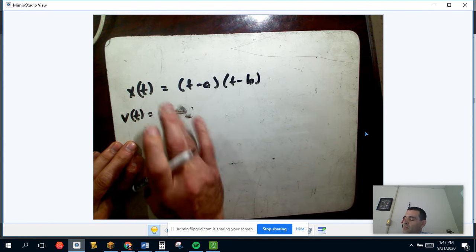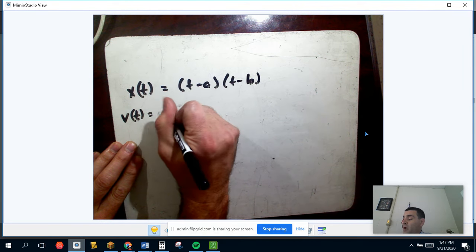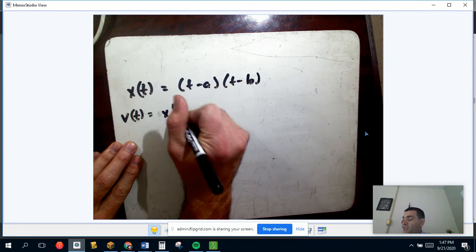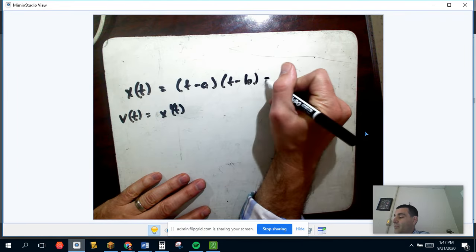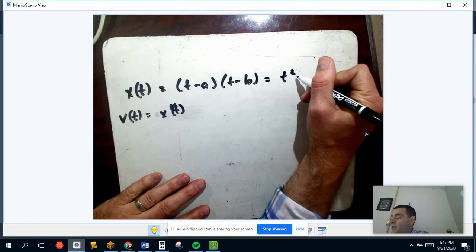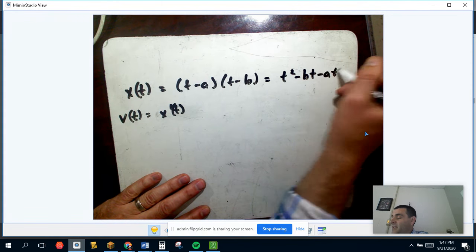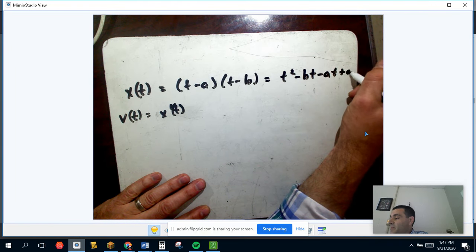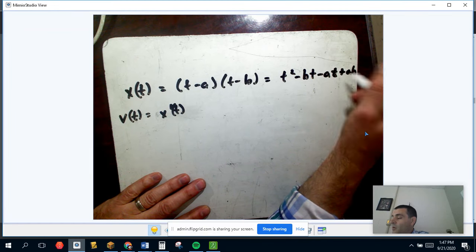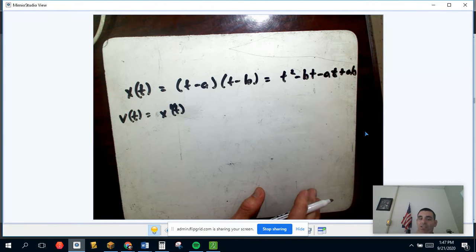We'll do a little product rule here, or what's probably easier is just to do some algebra. This is t squared minus bt minus at plus ab, where a and b are constants.